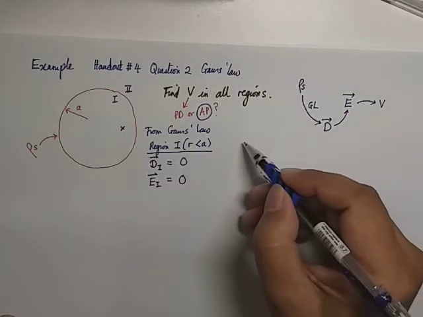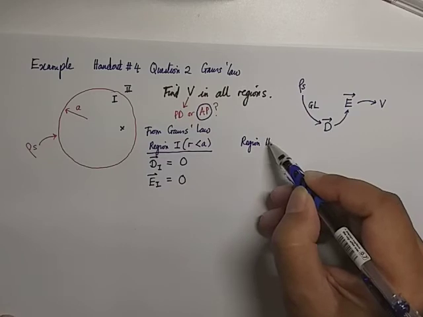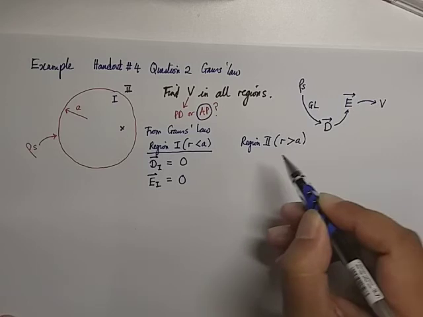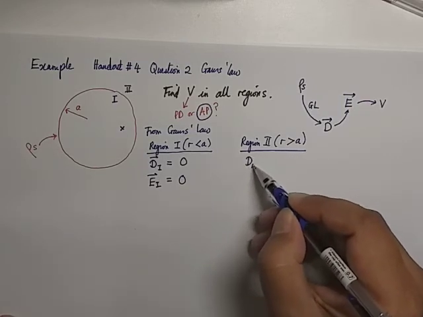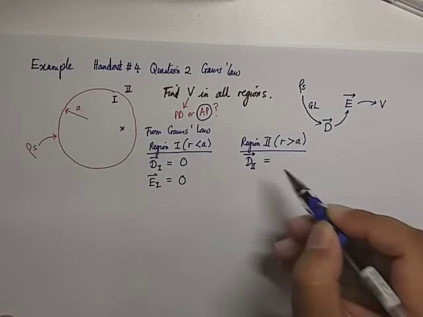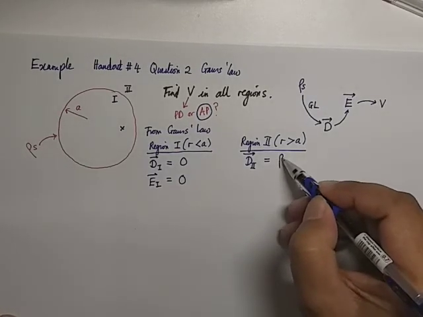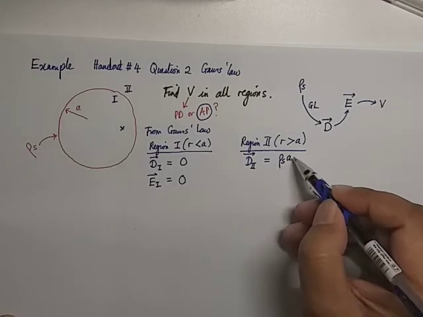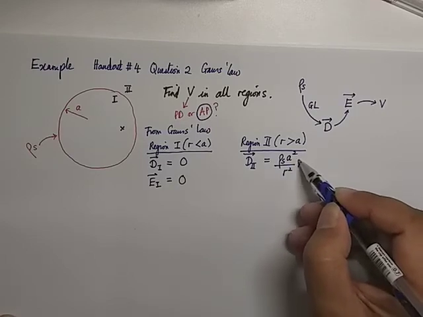And for region number 2, which is for the range of R greater than A, we found that D2 is equal to what? Anyone remember D2? Equal to rho S A squared over R squared in the R direction.